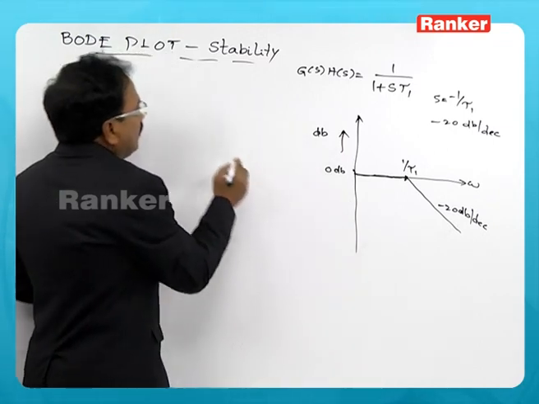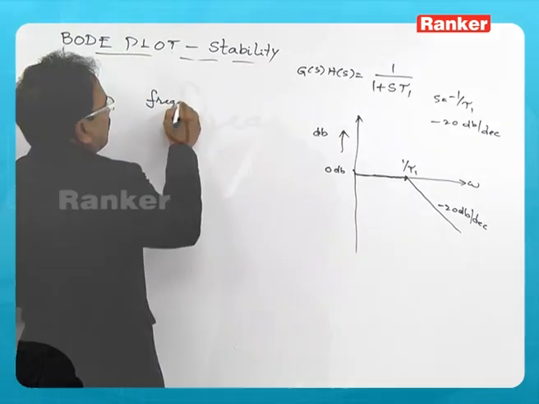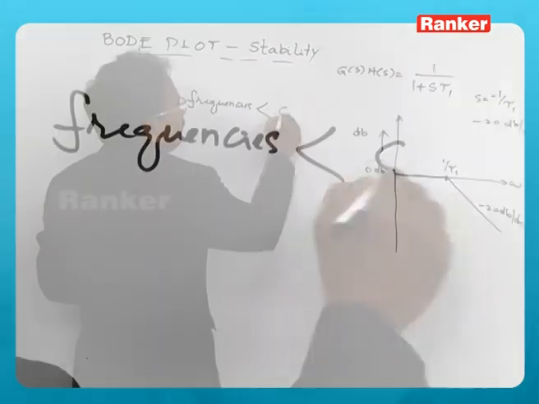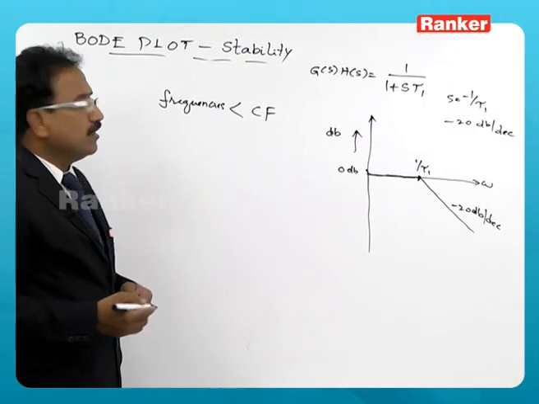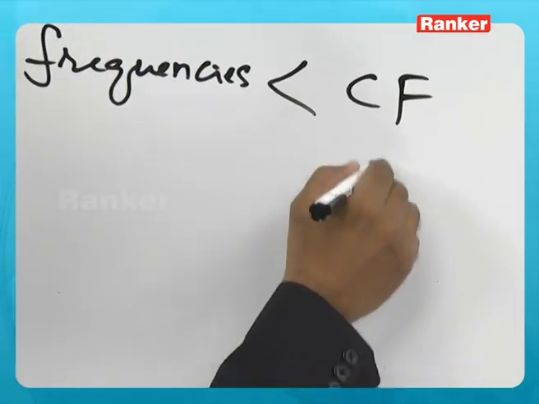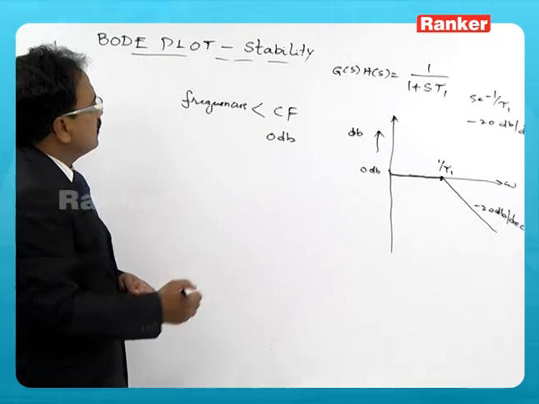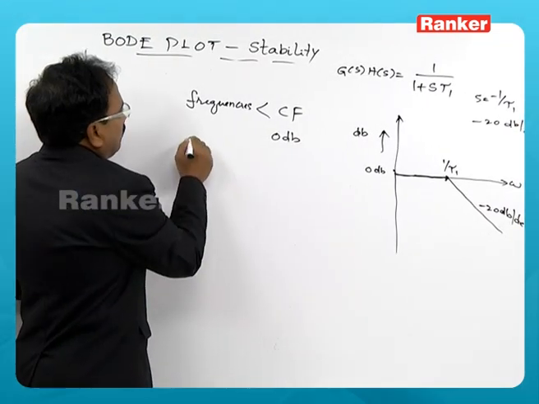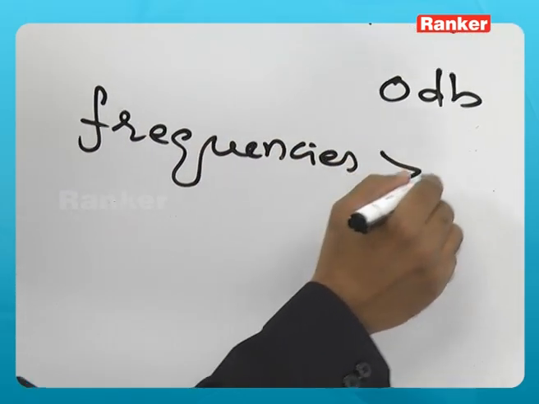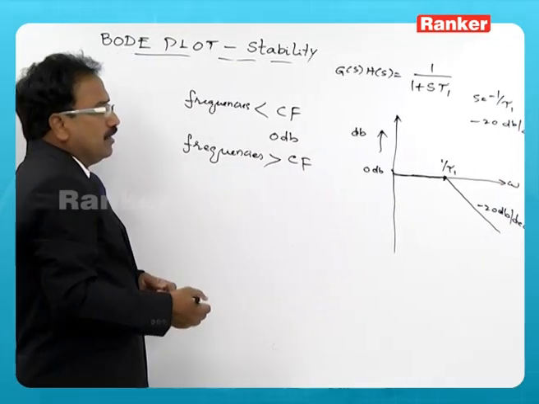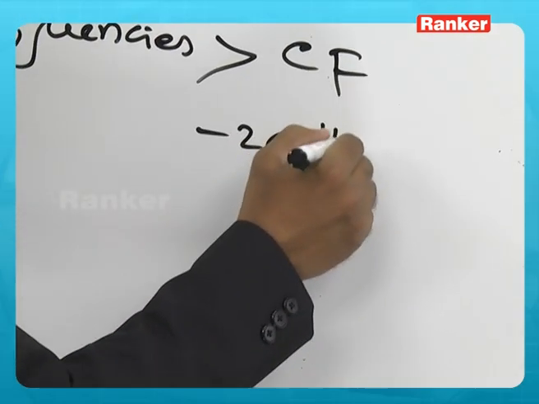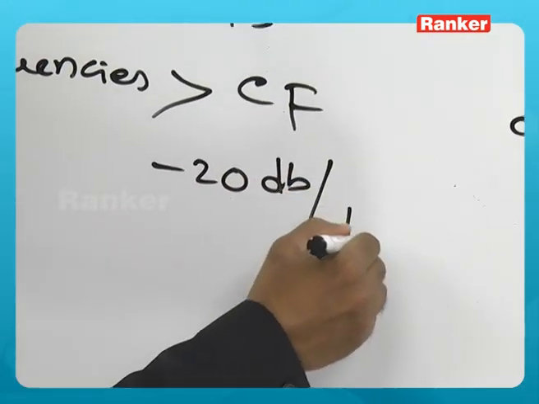For all the frequencies less than the corner frequency, that is 1 by tau 1, the magnitude of the plot is 0 dB, and for the frequencies greater than the corner frequency, the slope begins at the rate of minus 20 dB per decade.